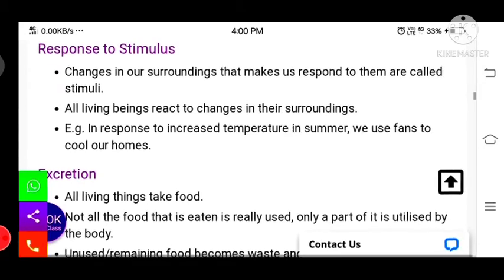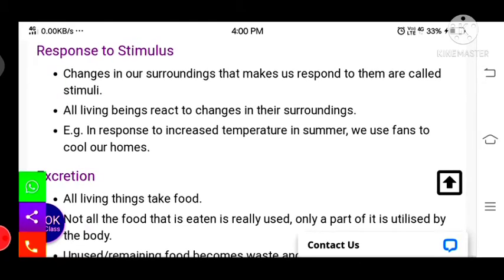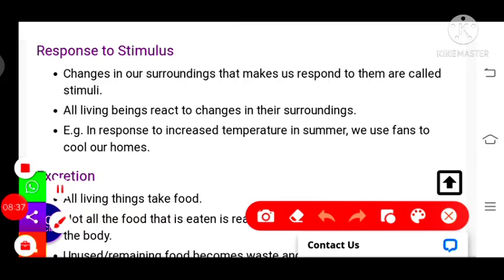Response to stimulus. Changes in our surroundings that make us respond to them are called stimuli.